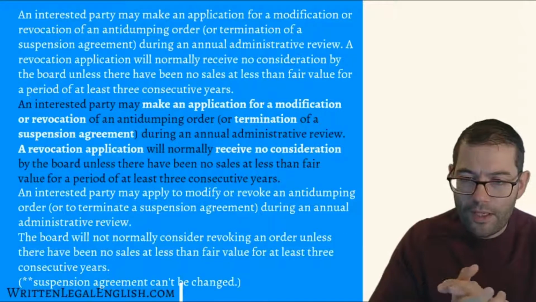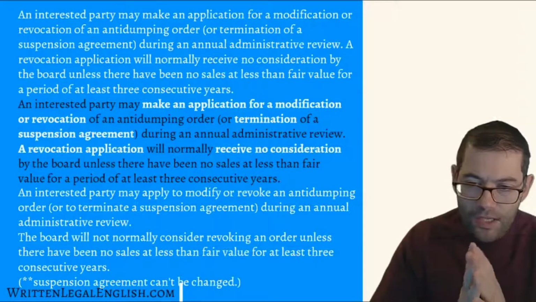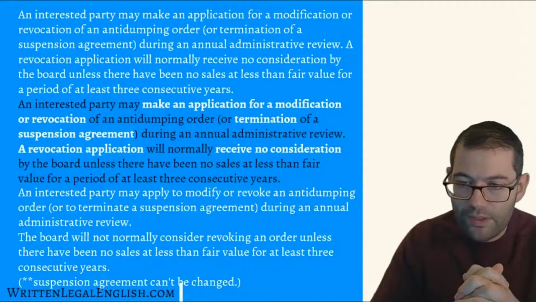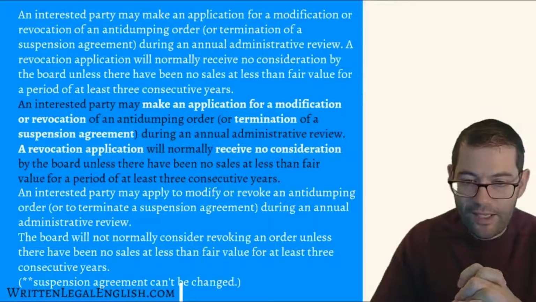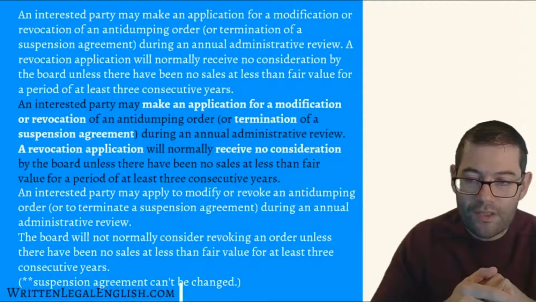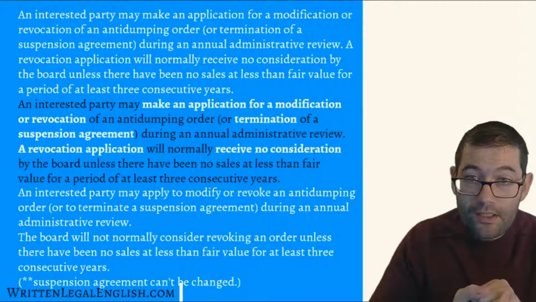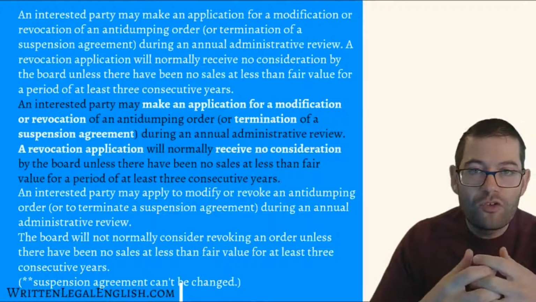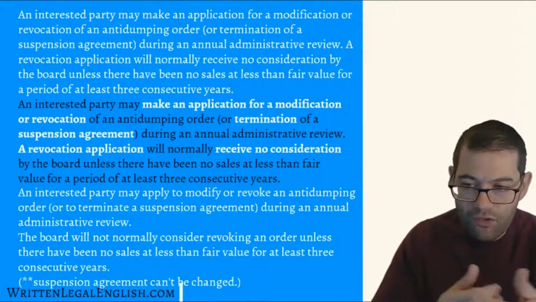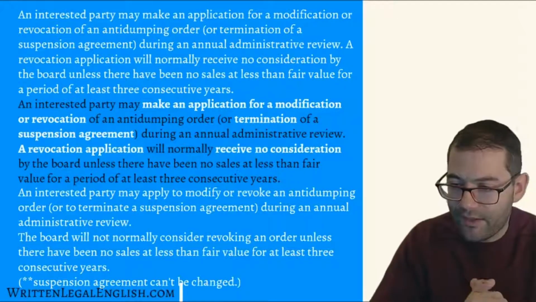If we have a look at the second sentence, a revocation application will normally receive no consideration by the board unless there have been no sales at less than fair value for a period of at least 3 consecutive years. Now, this sentence not only uses nominalizations, but it also introduces a quasi-passive structure. And this is what I used to call an artificial passive.